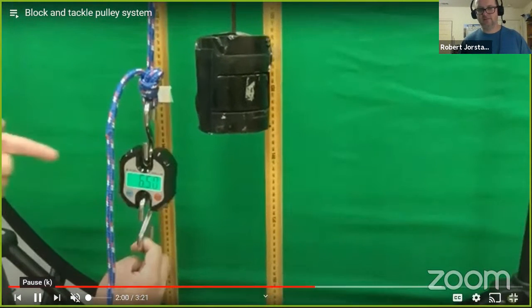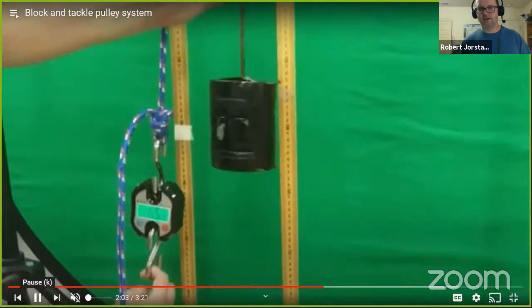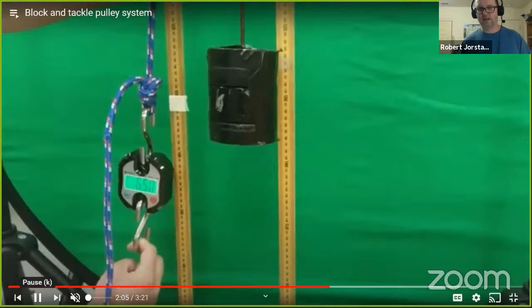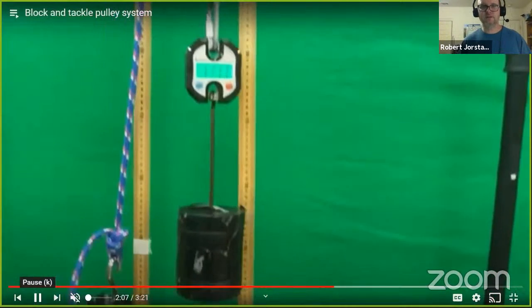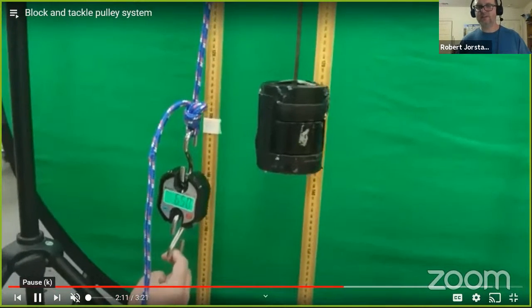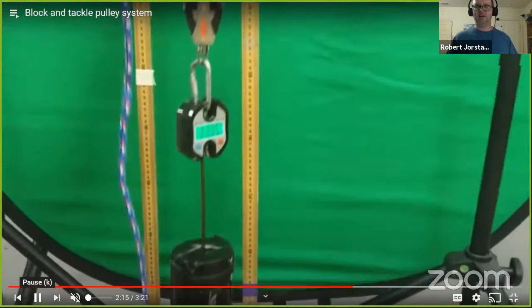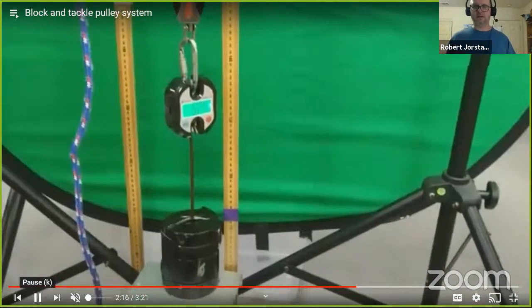Now the other scales should be locking in place. I was waiting for them. They have a mode where they'll lock. We know that one's 11 pounds. It only took me about 6.5 pounds of force to lift this thing, but we didn't get something for free.